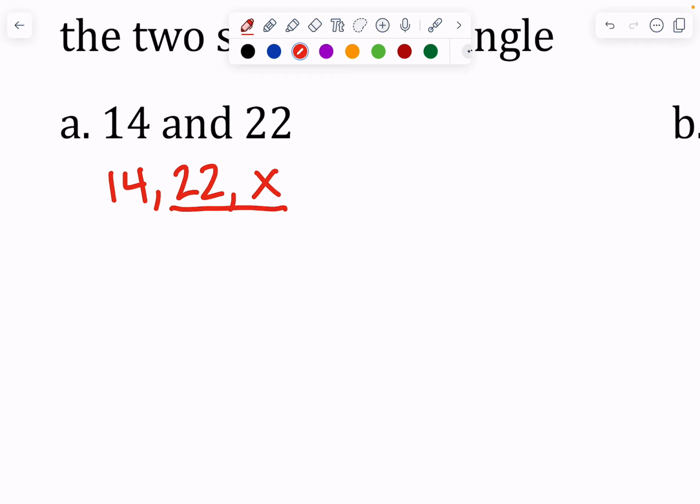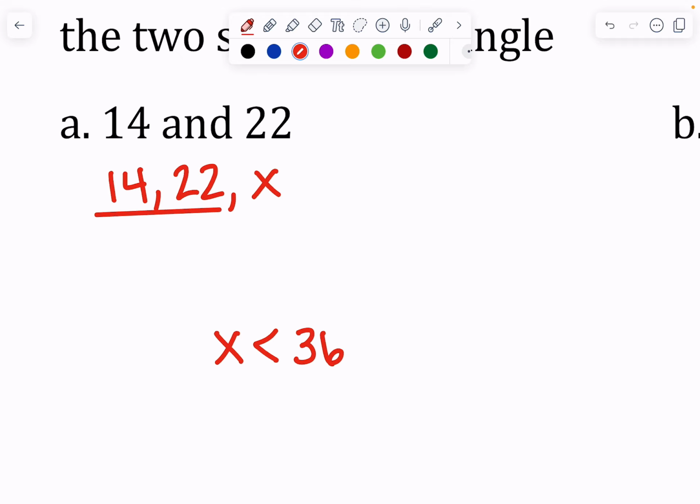These two need to add to be bigger than the third. These two need to add to be bigger than a third, okay? Well, this is easy. I know that these two need to add together to be bigger than the third. So we know that x needs to be smaller than 36.